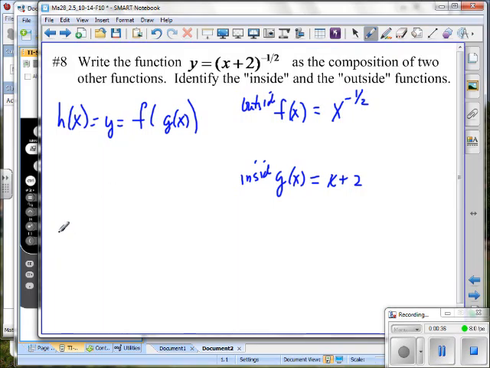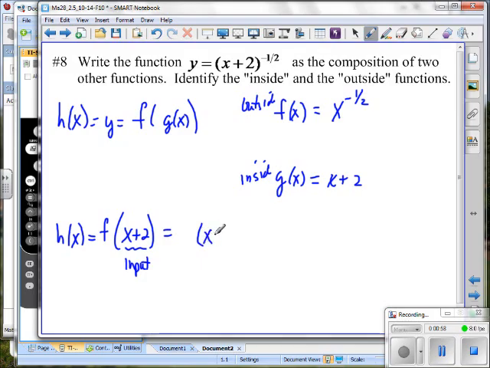Let's see if that works. If this is true, then I can come down here and I can say, okay, it's f of g of x. That means f of x plus 2. That means that I'm going to use x plus 2 as my input expression into function f.